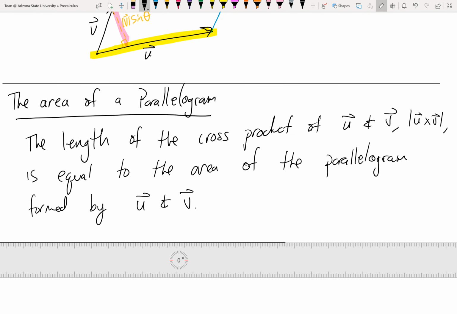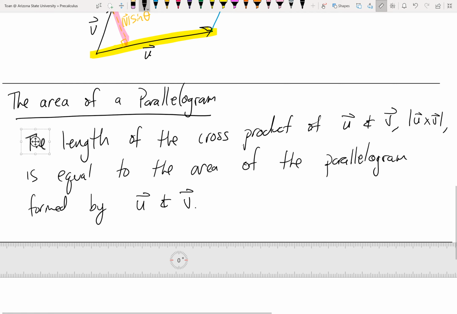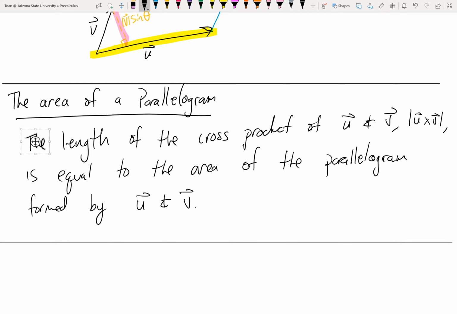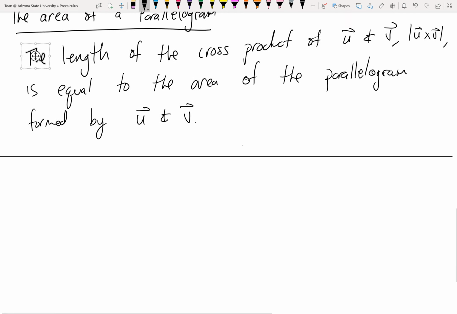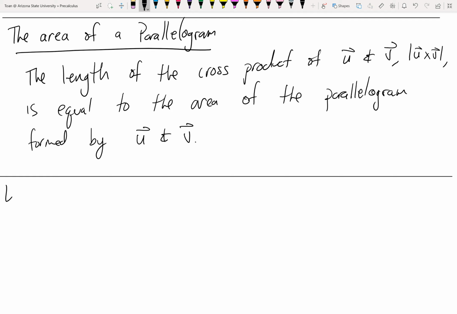So if you ever had to find the area of a parallelogram defined by two vectors, you just do the cross product and find the magnitude. So it's a very simple thing to apply. The questions will be very, very straightforward.